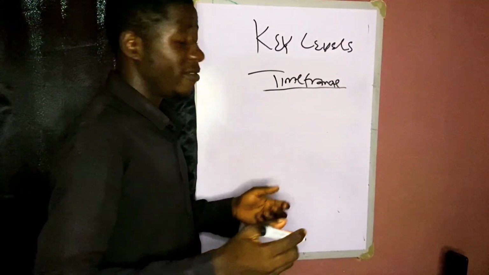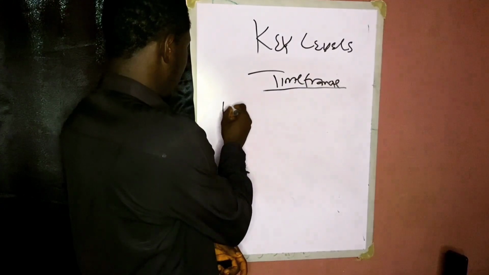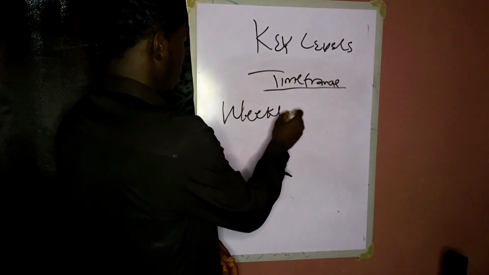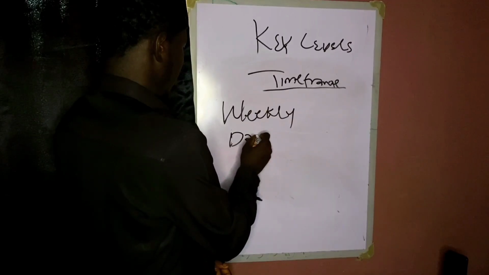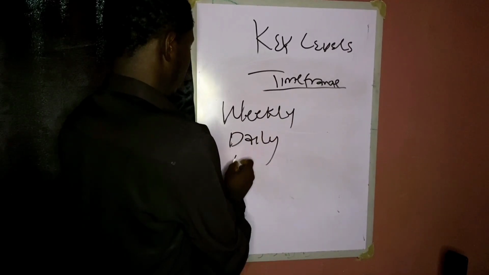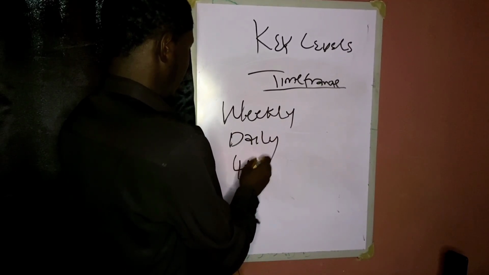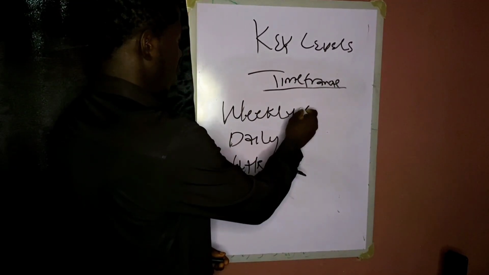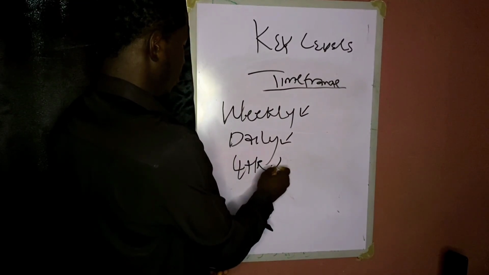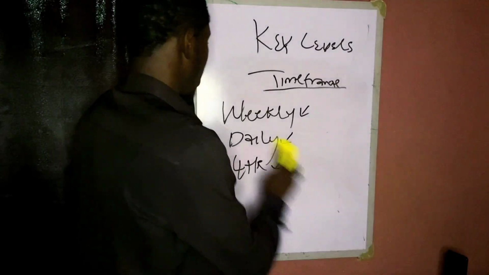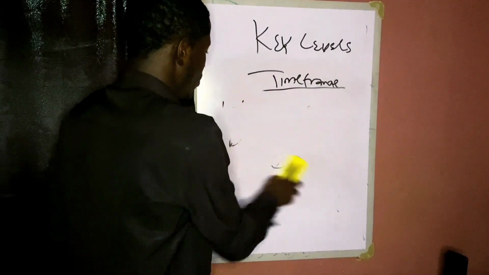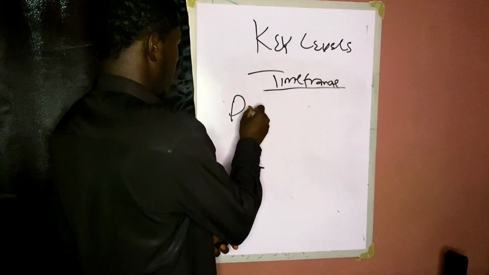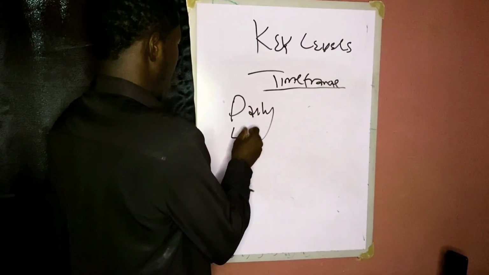For higher time frame, we have the weekly time frame, we have the daily time frame, and we have the 4-hour time frame. So these are the time frames that most traders look out for direction. But since I'm a day trader, right, I mostly use the daily and the 4-hour time frame.